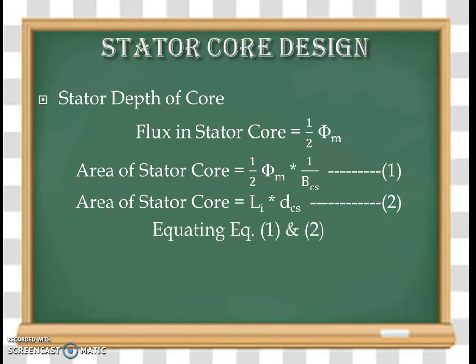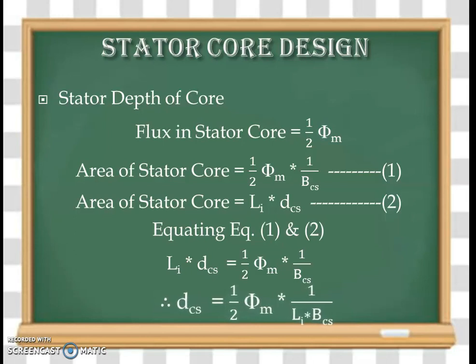And if we equate equation number 1 and 2, we have this equation, and from this equation we can easily calculate the depth of the stator core. So the equation is self-indicating in this way. So this depth of the stator core can be decided.